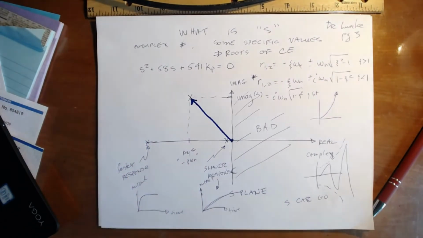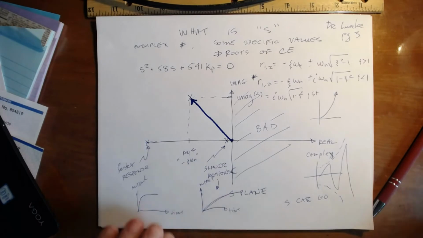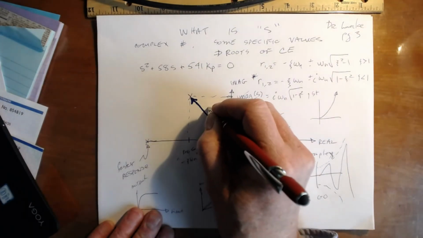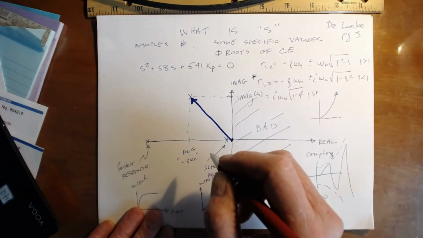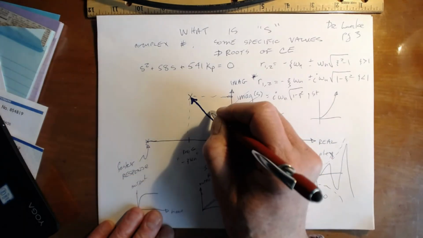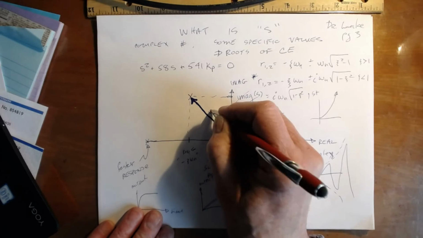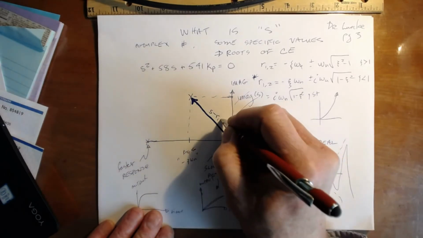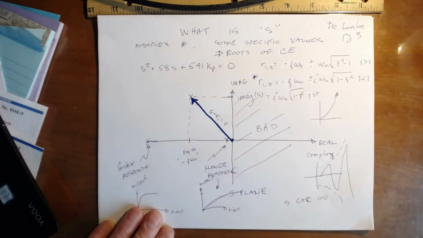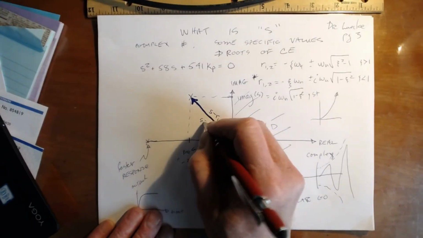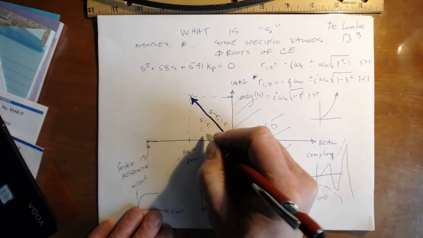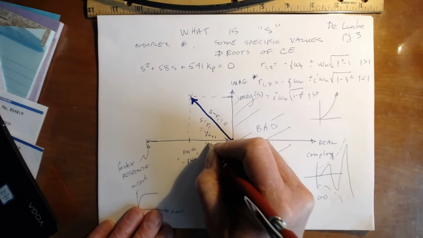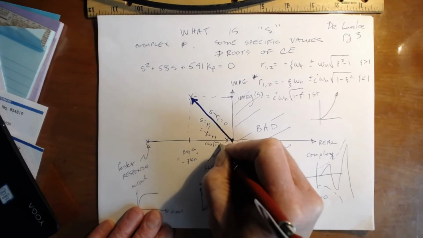That is the vector s minus r1, because s minus r1 equals 0. When s equals r1, it equals minus zeta omega n plus i omega n square root of 1 minus zeta squared.